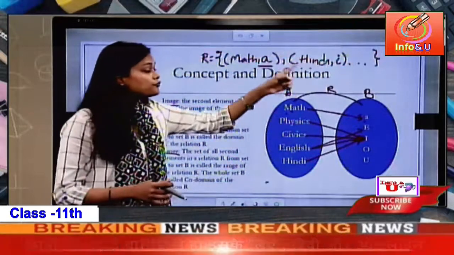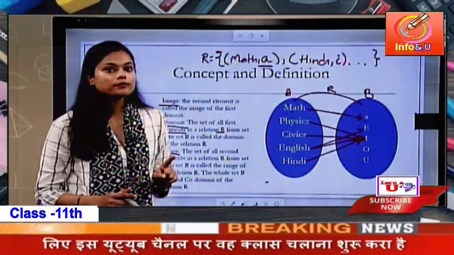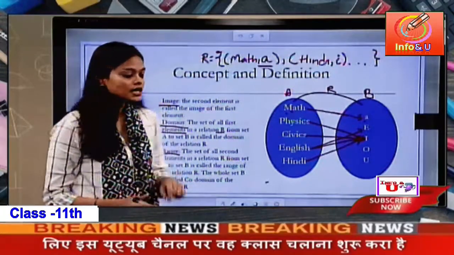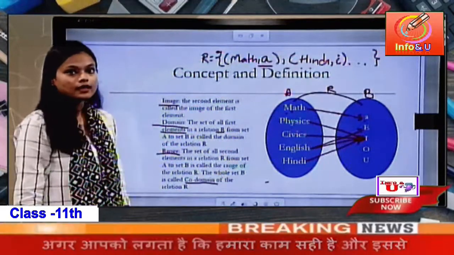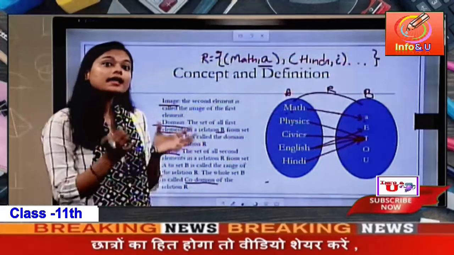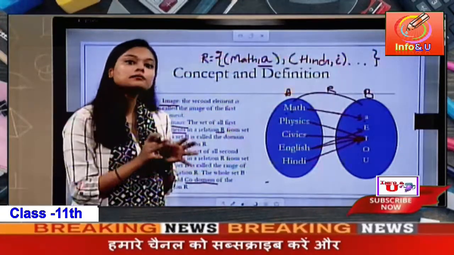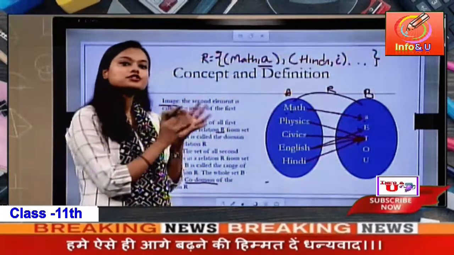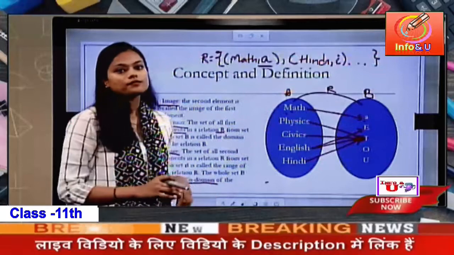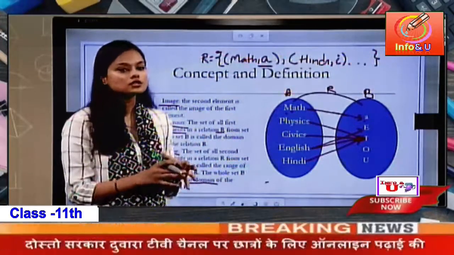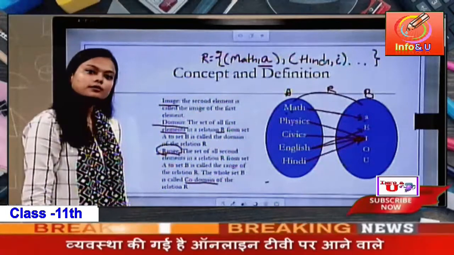Notice, the full set B is not a range. The full set B is said to be codomain. And the elements in it which are becoming the image of the element of the set A, the set of all those images, is known as range.